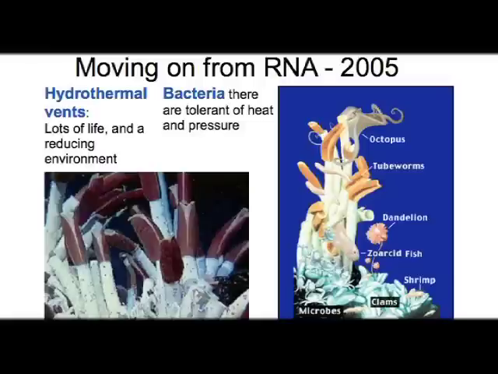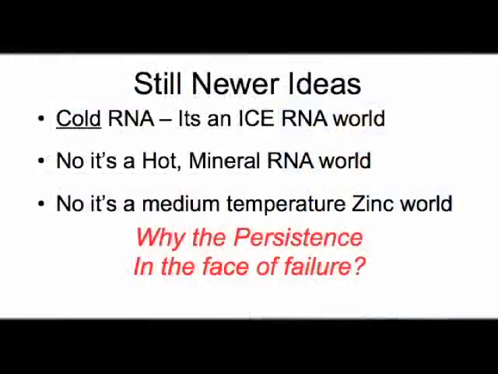But now there are other groups. One group says, no, RNA was first, but it formed on ice crystals. So it wasn't hot and it wasn't deep in the ocean. It was dry, essentially, in ice crystals, frozen water. So it's an ice RNA world. Another group says, no, it was hot mineral RNA.